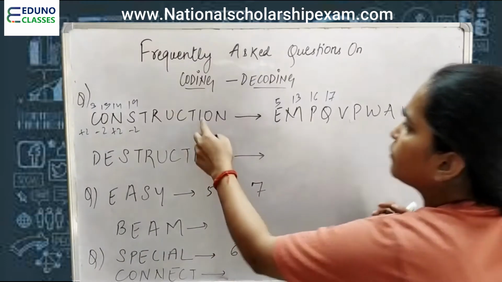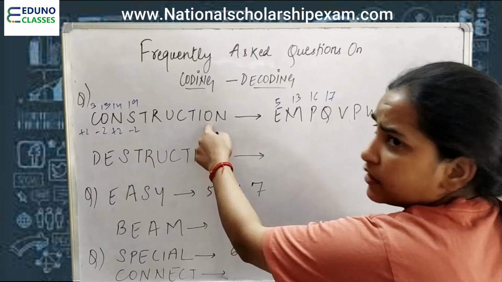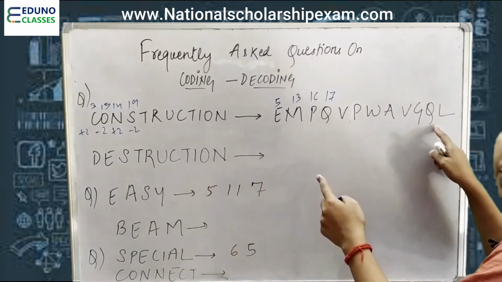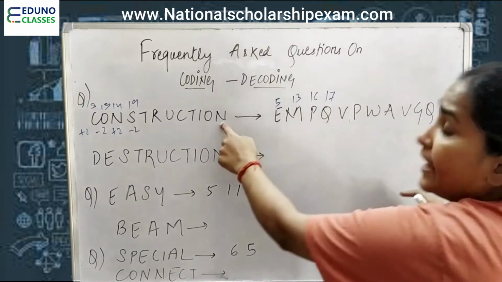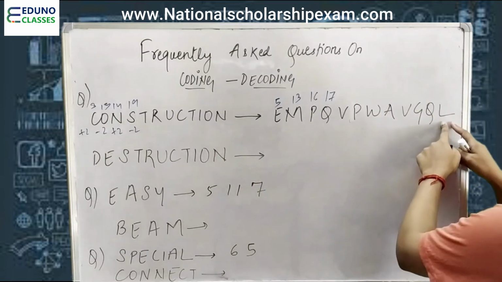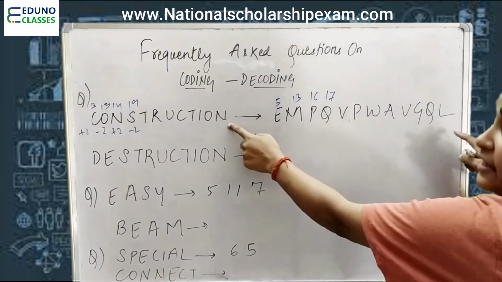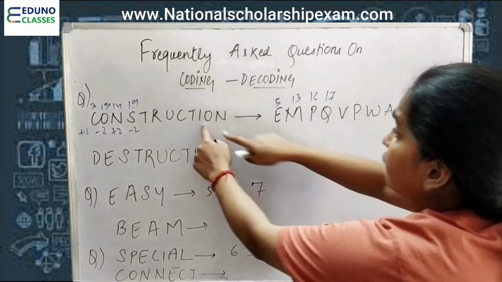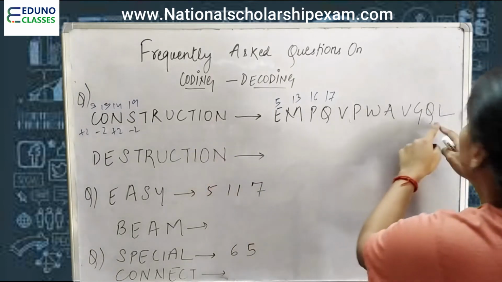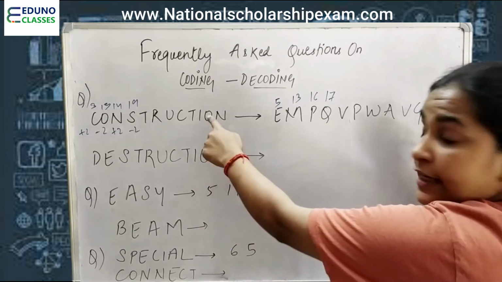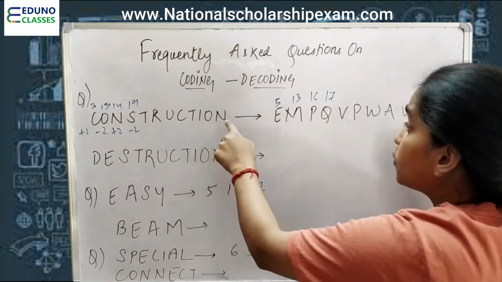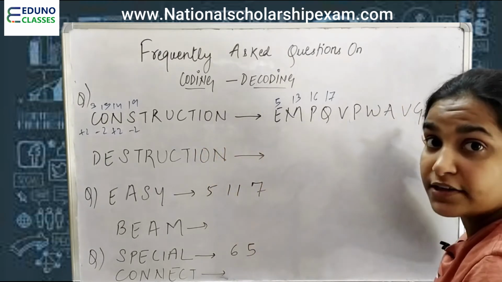You can pick out any letter, let's say O for that matter. O is 15 and here we have Q. Q is 17, so plus 2. N is 14 and here we have L. So from O to Q, 15 to 17, we went plus 2, and from N to L we have to go minus 2.